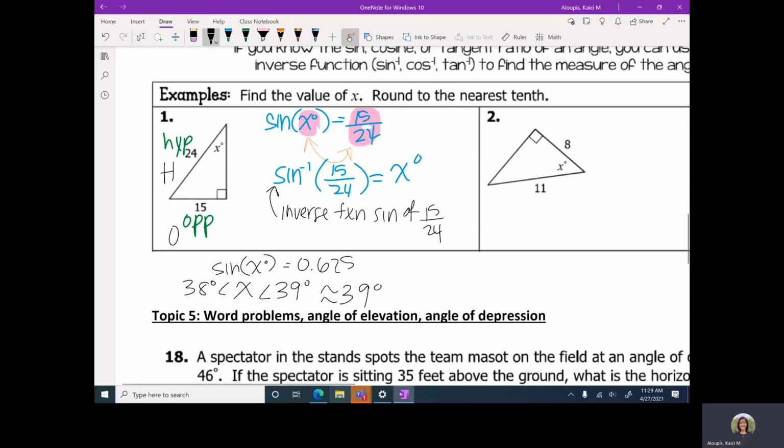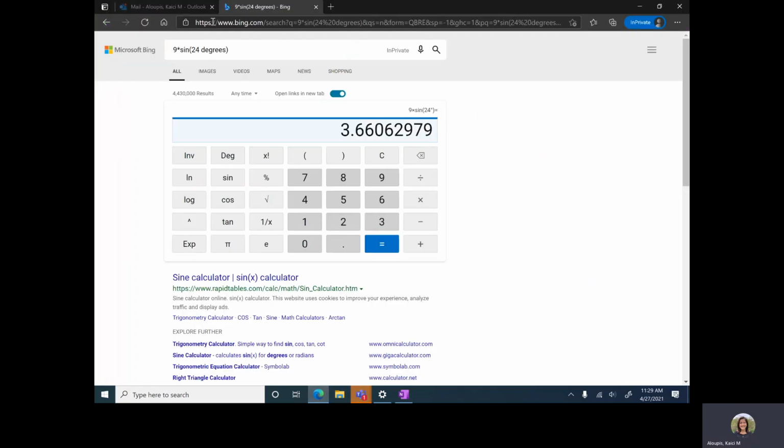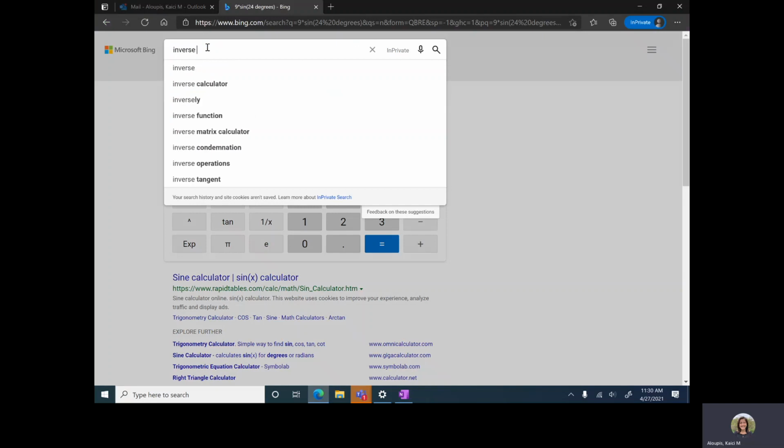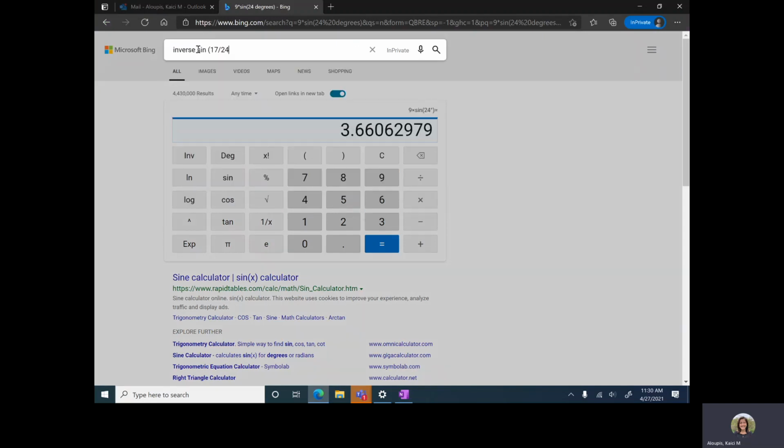So what you can do is go to Google, go to Bing, go to Yahoo, whatever, and I'm going to write this in. And remember, we're in degrees, so I'm going to say degrees here. Okay, that's messy, but you get it. So I'm going to write inverse sine of, what was it, 17 over 24?